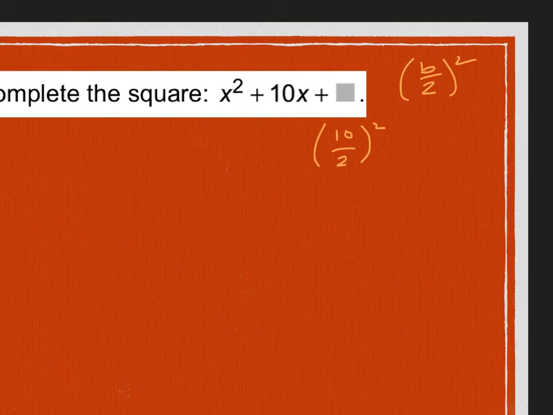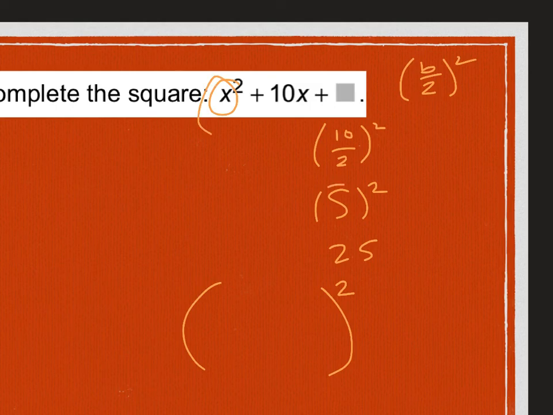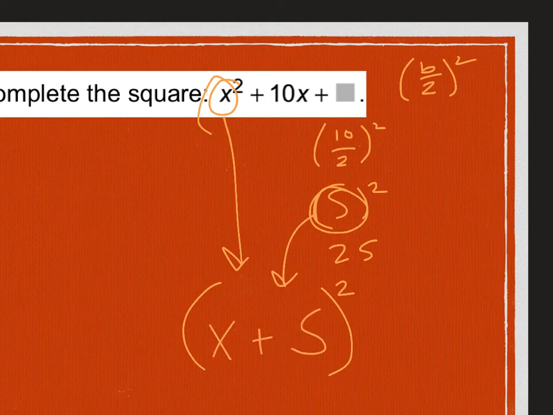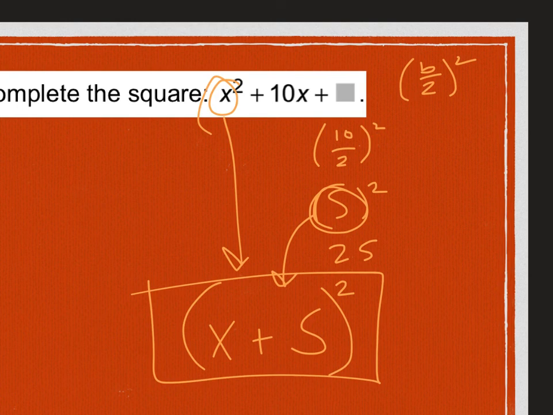So in here we would have 5 squared. And what's 5 squared? 25. But in our parentheses, we care about the x squared and the 5 squared. So we would just put in our x and put in our 5. So it would be x plus 5 squared.